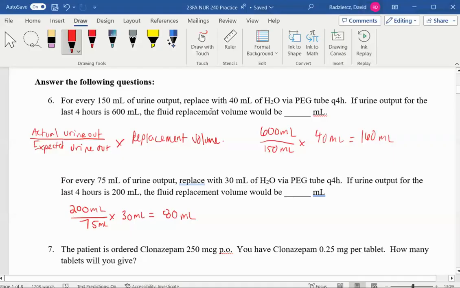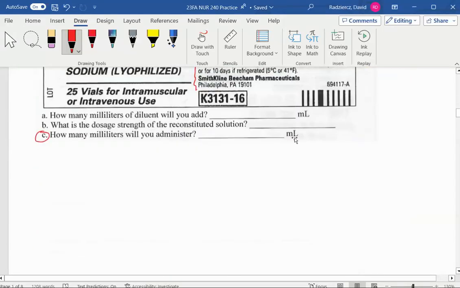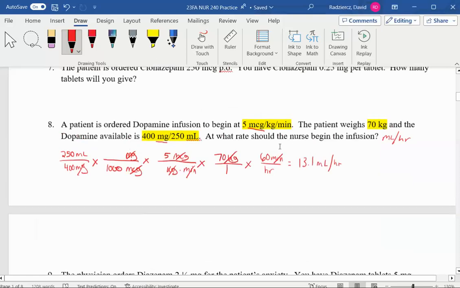So for 240, there isn't much that's new for your semester. Everything's pretty much the same. You're going to have the heparin protocol, and your heparin and insulin infusions. You might have a few of these titration type questions.